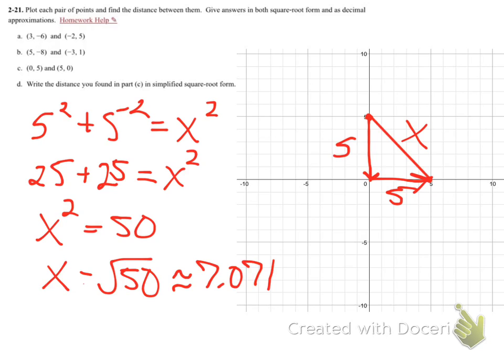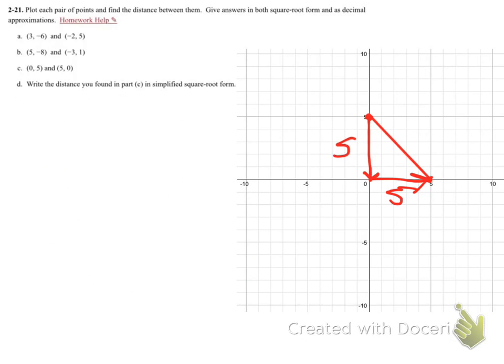However, we can take another look at this one. Problem D wants us to look even further and simplify this in simplified square root form. A couple different ways we could look at this one. This triangle, if you remember back from geometry, is a right isosceles triangle.